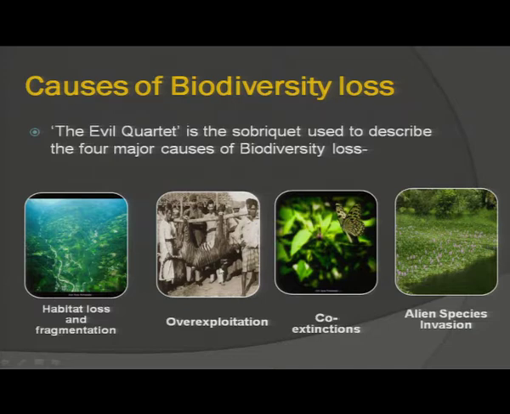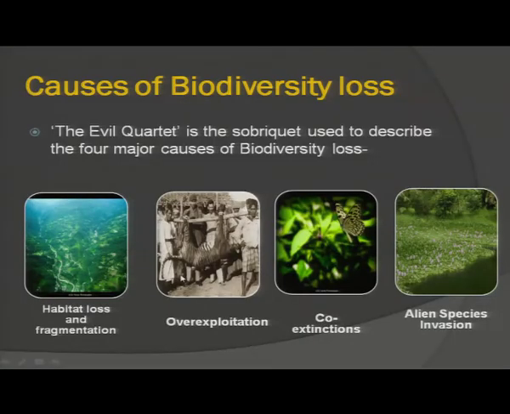Secondly, this picture shows how people are feeling proud to kill a tiger and taking photographs. This is the height of overexploitation. We are exploiting, we are consuming them, or we are killing them for our entertainment, for our use, and this is one of the major reasons for biodiversity loss.